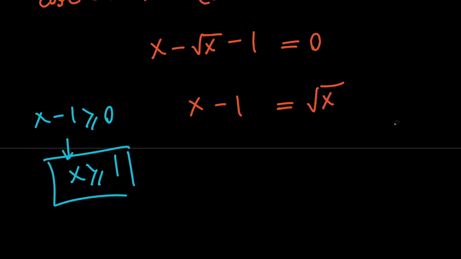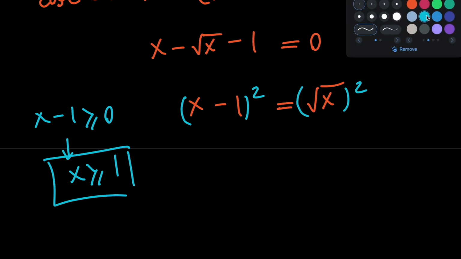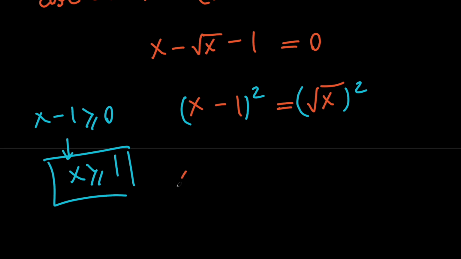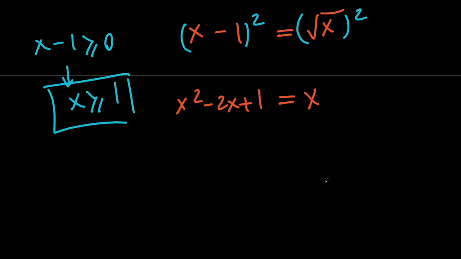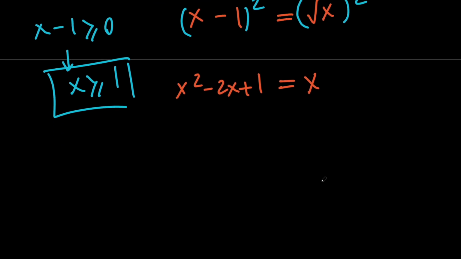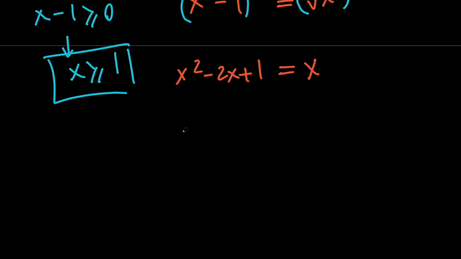Next, let's go ahead and square both sides to get rid of the radical. So we're going to have x squared minus 2x plus 1 equals x. And then if we move the x to the left-hand side, we're going to have a simple quadratic equation. We're going to have x squared minus 3x plus 1 equals 0.